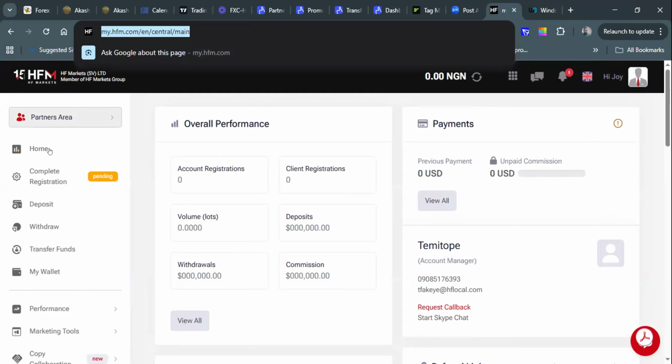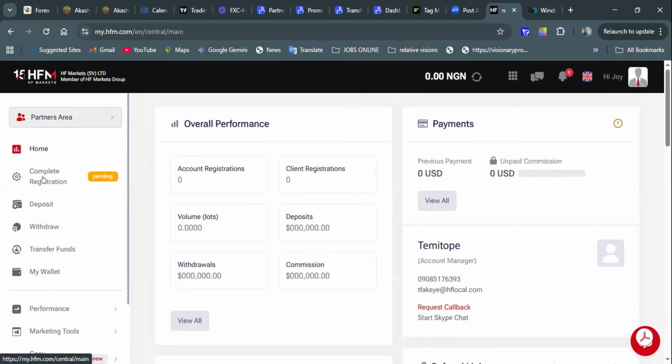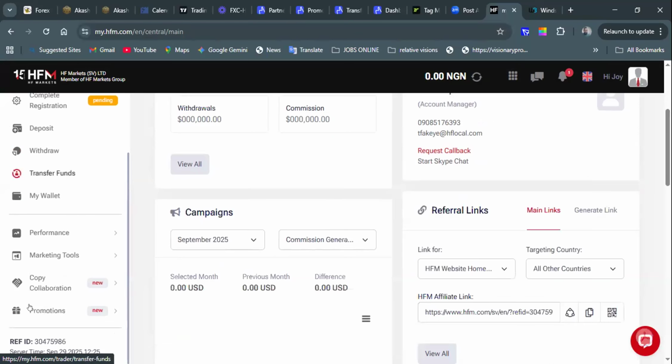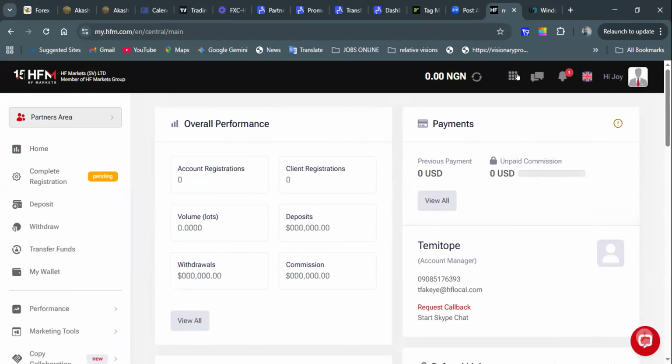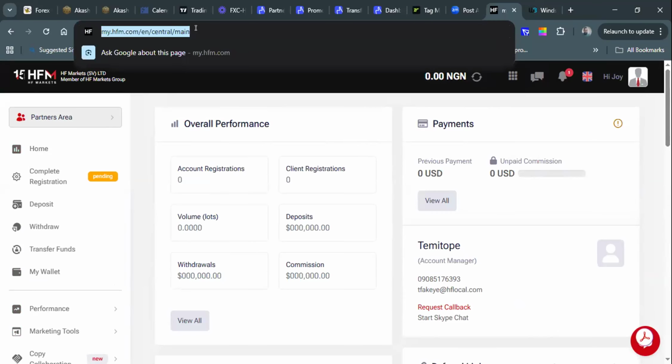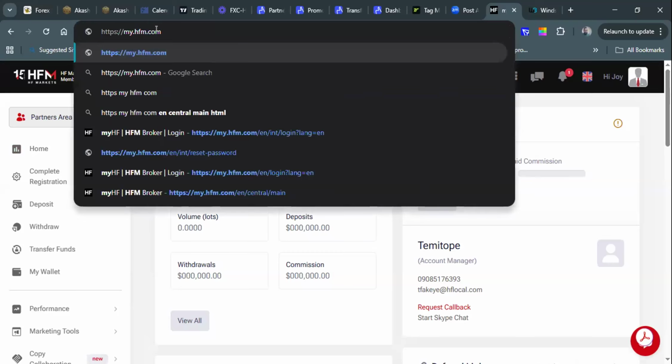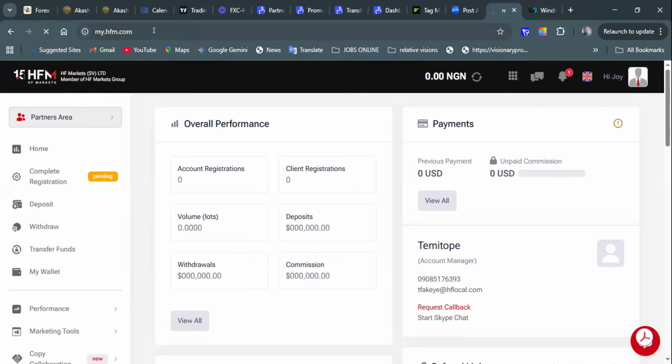Hold on a bit. Right, let's just log in again. I want to see where we create trading account.